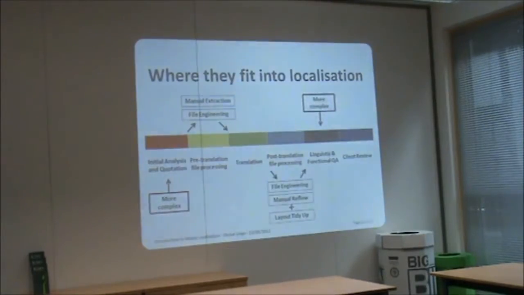So before you might have just linguistic QA for text files, whereas now, and certainly with more complex projects like multimedia or e-learning, you'll have functional QA to consider as well. So that's checking that the interaction or the flow of the presentation is as it should be, and there's no missing slides or anything like that.